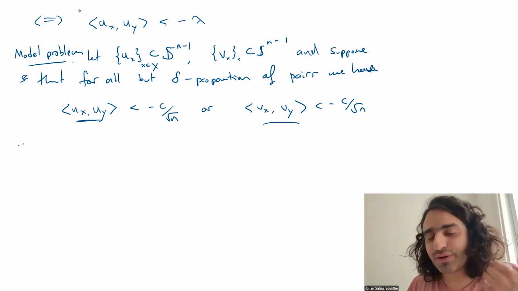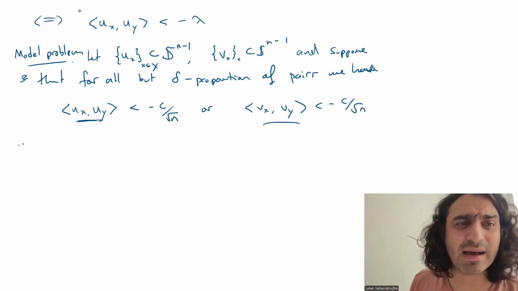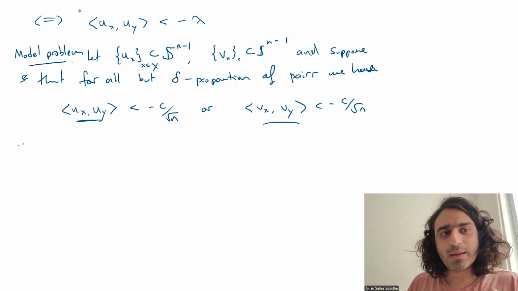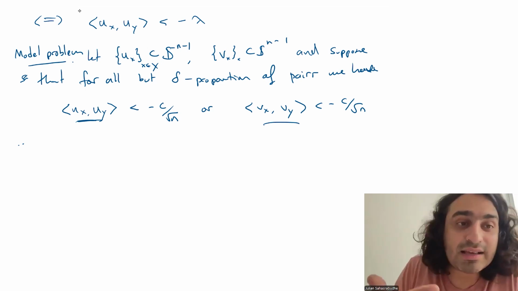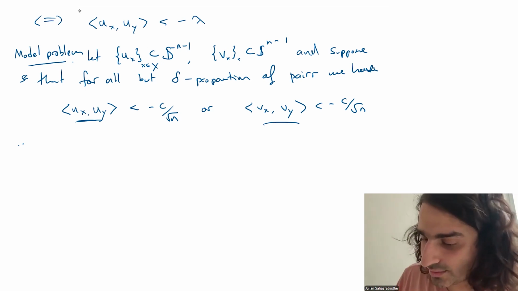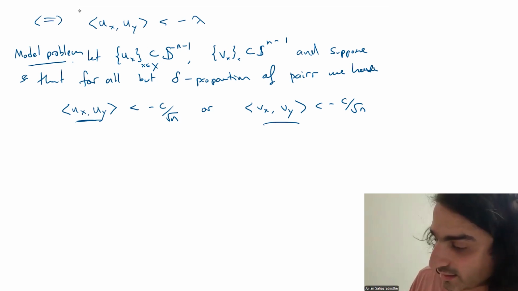So this is kind of what the conclusion is going to be. There are more complicated examples of this actually, but the conclusion we would like is that if I have this property, then I exhibit some clustering. And we'll see what that means exactly in a second.